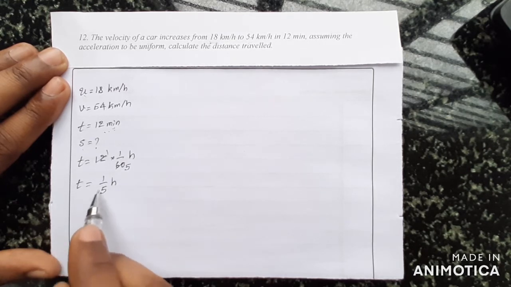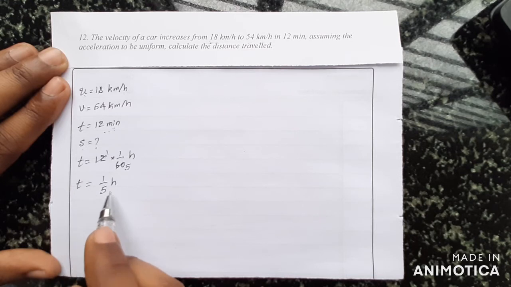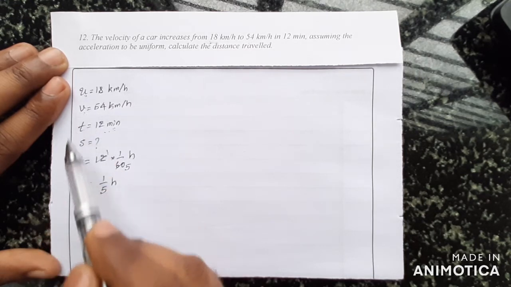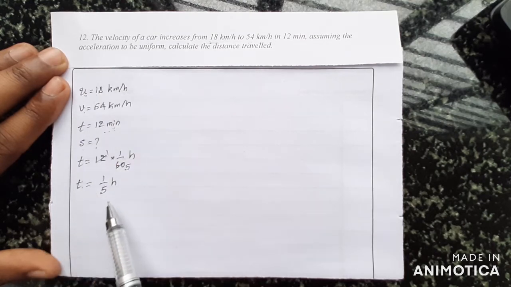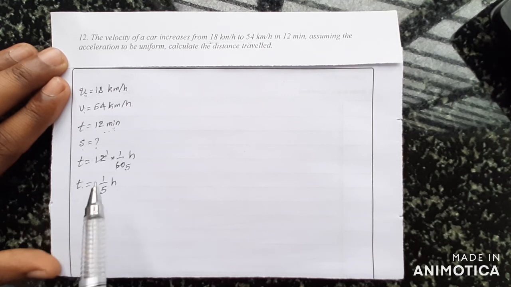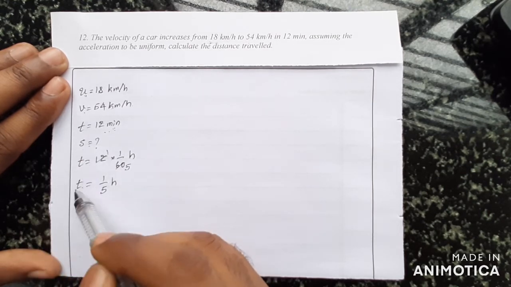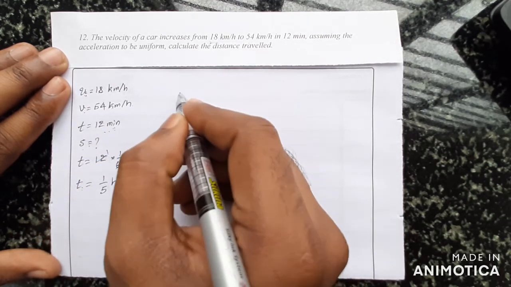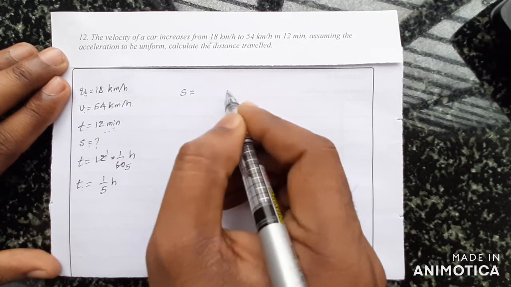I will not simplify this further, I will keep this as it is. Okay. So now I have u, v and t, all the factors in the same units, hour, kilometer. Now I need a formula which will connect s, t, u and v, which is that formula. So s is equal to average velocity into time.